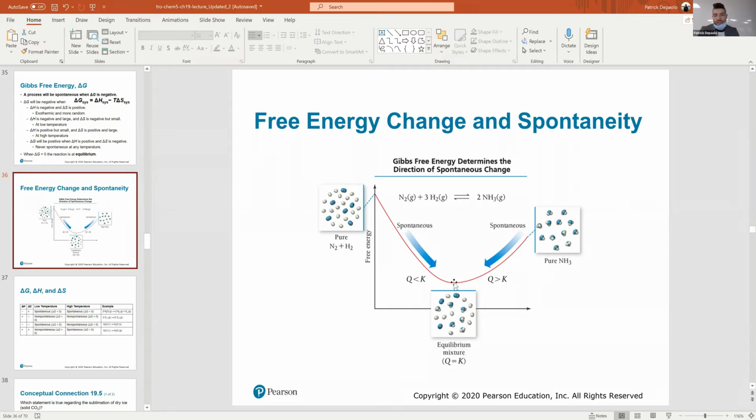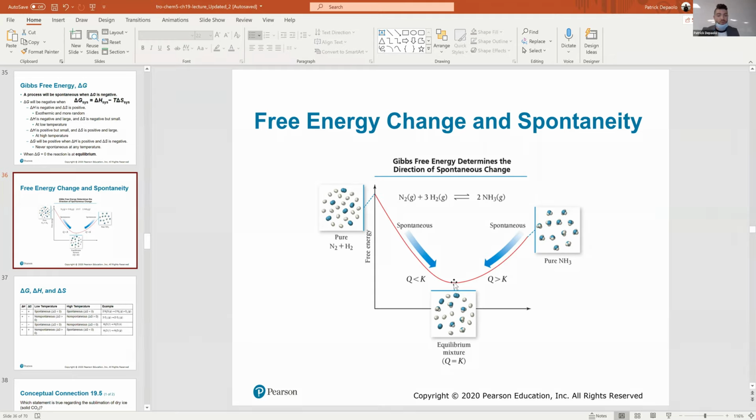So the idea here is that if you're at either extreme, the reaction will be spontaneous in the direction that will get you to Q equals K. We've seen this before: we can calculate Q, and if Q is larger than K, the reaction will have to go in the reverse direction. If Q is smaller than K, the reaction will have to go in the forward direction.